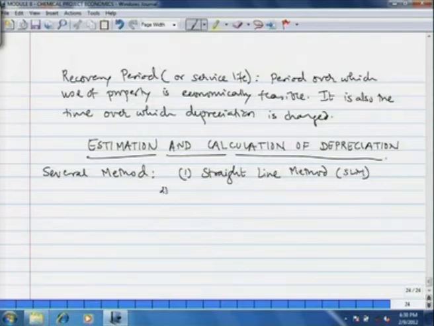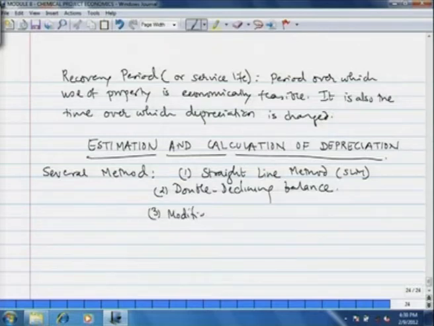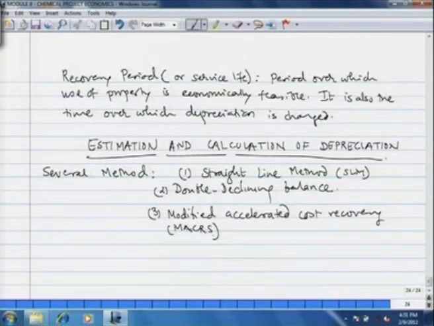The second is the double declining balance method, and the third is modified accelerated cost recovery method, that is abbreviated as MACRS, Accelerated Cost Recovery System.